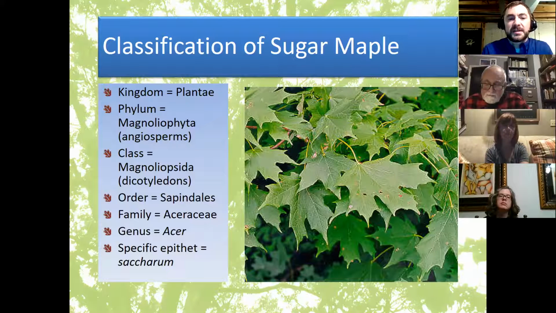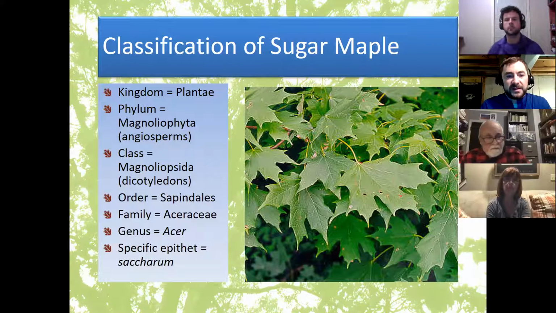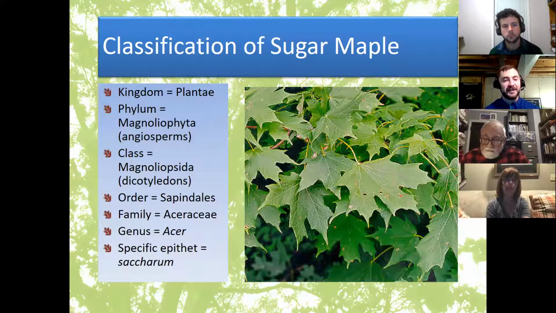But here is an example, sugar maple. We've seen it. We've all hopefully experienced a tree that looks like this. Good old maple syrup. But the kingdom of sugar maple is Plantae. The phylum, Magnoliophyta, and that's the term for angiosperms, which we know it is.